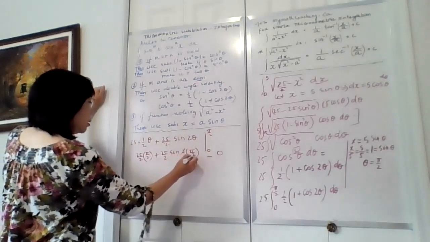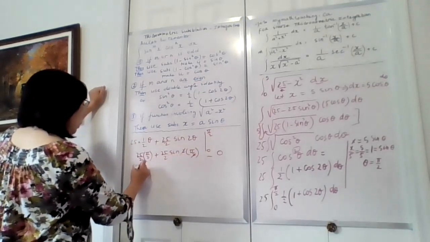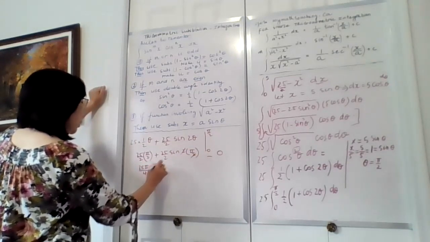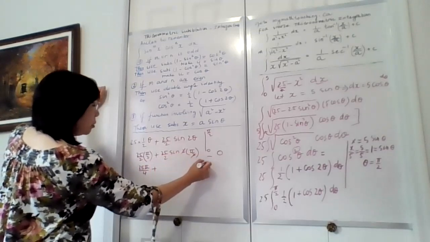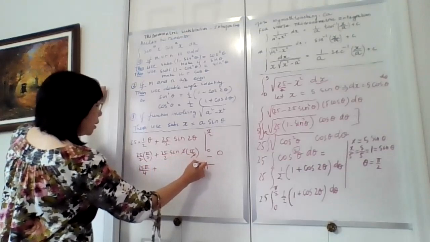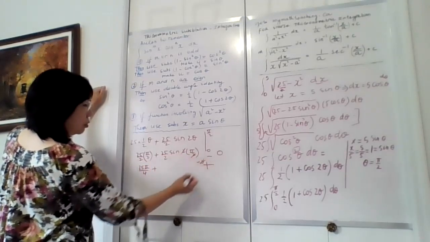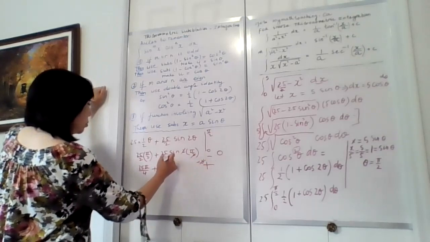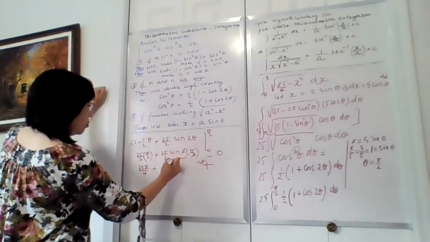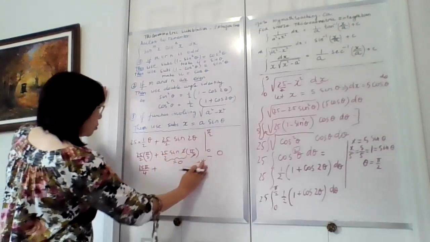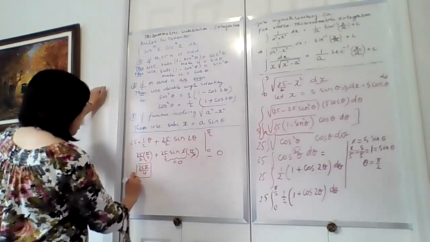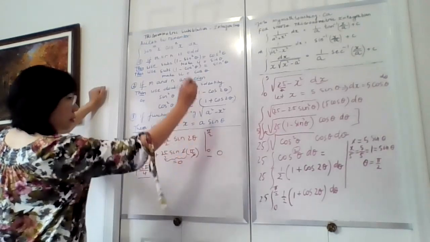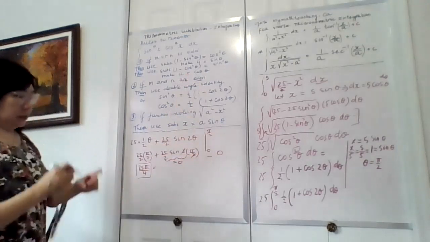Now this 2 will cancel with this 2, so we're left with 25 pi over 4, adding sine of pi. Sine pi equals 0. So this whole group will be equal to 0 because 0 times anything is 0. So now we're left with this answer. So that is the answer for our integration.